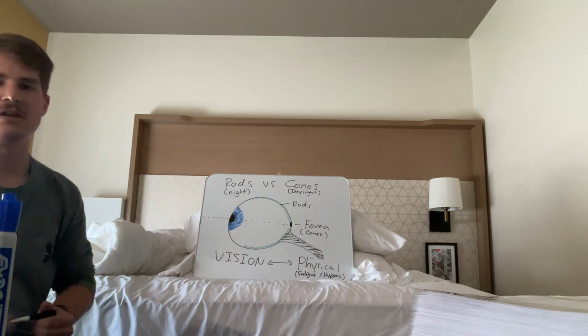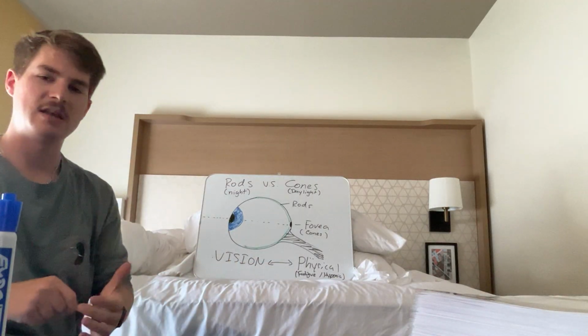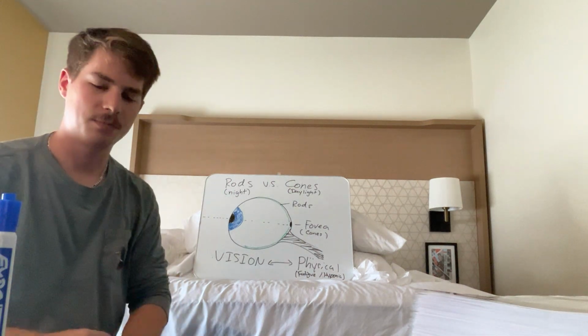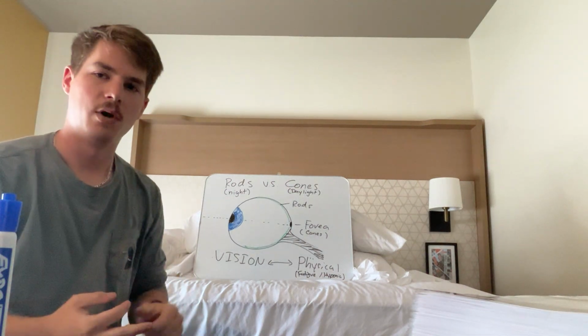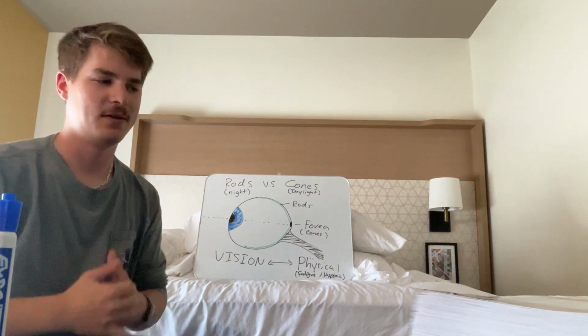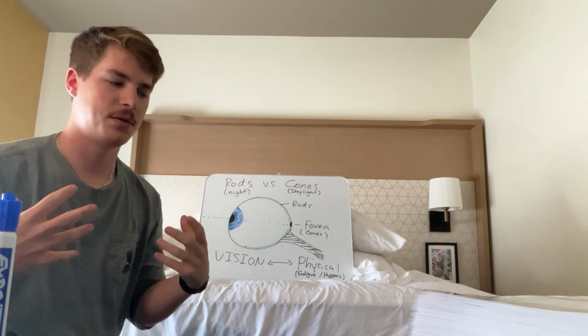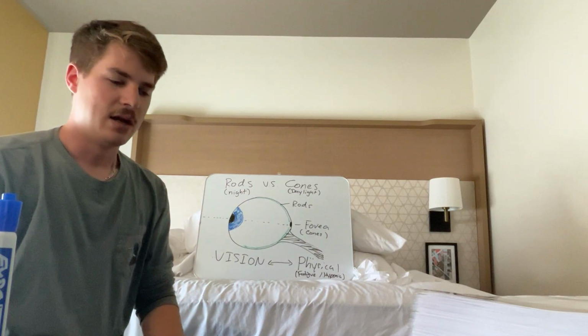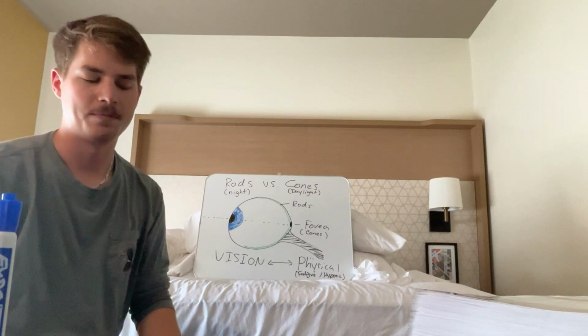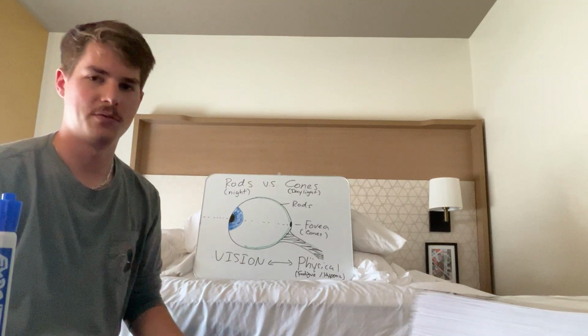So let's talk about fatigue. How does fatigue affect your vision? Well, there's really three main ways. Number one, when you are tired, you actually blink less. So your eyes are not getting moisturized and they are becoming drier, which causes blurry vision.